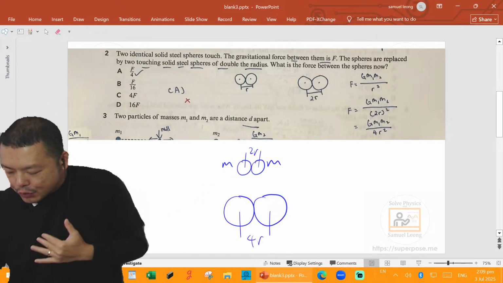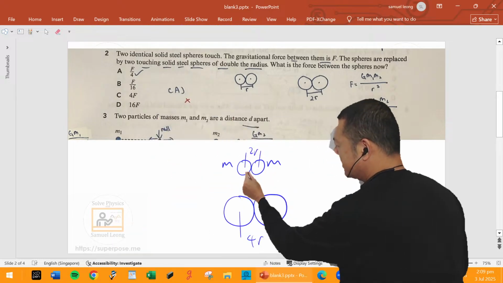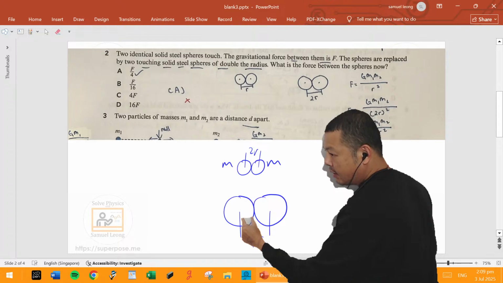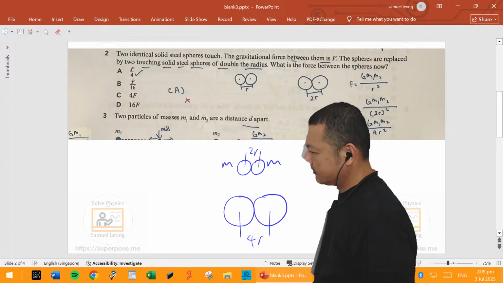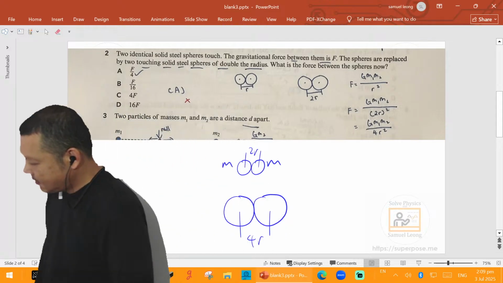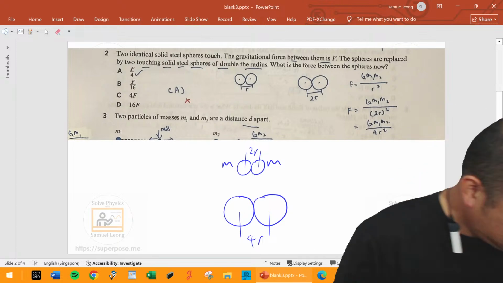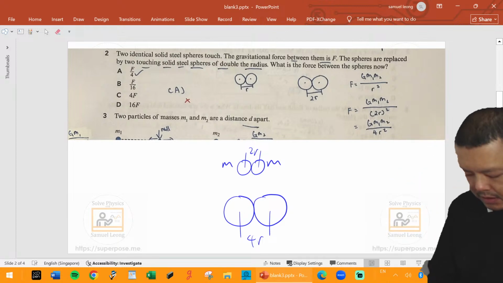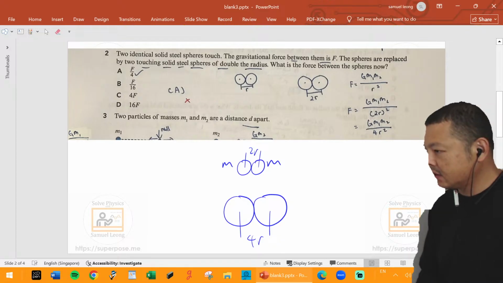What are the new masses now? So if you double the radius, so each one is R, and then you double the radius, now it's 2R. So what's the new mass here? Anyone? What's the new mass? Hey, those online also, if you're here, you might as well just be helping yourselves.